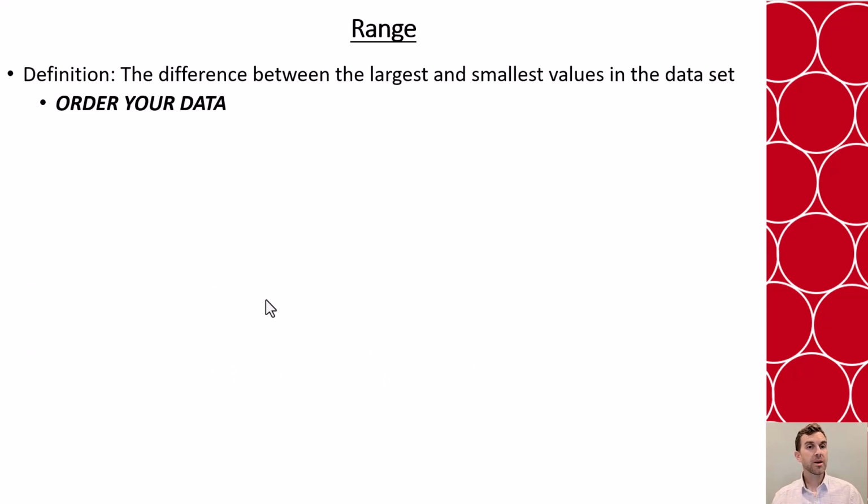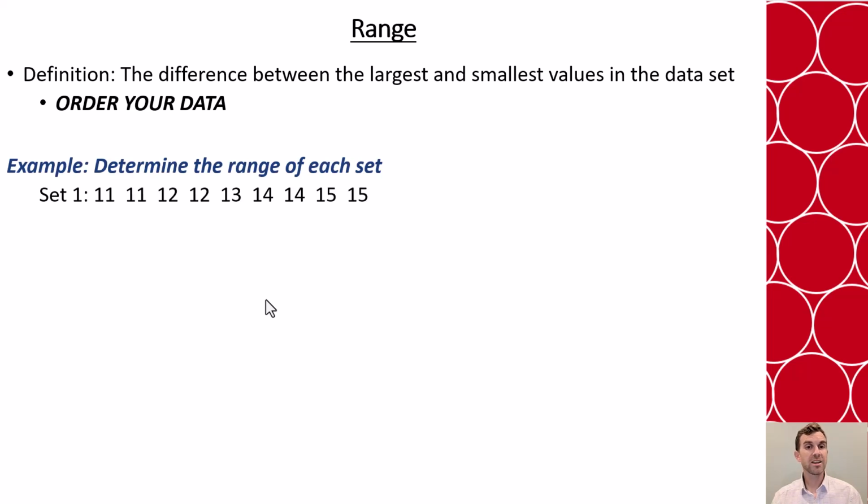So when we talk about the range, this is the easiest variability to understand because we're only looking at the difference of the smallest and the largest value. It's important though to order your data so that you can find those two values quickly. It doesn't matter which way you go, smallest to largest or largest to smallest. Now when we look at the three sets we just had, they were already in order from smallest to largest. So I could take the first and last value and subtract them.